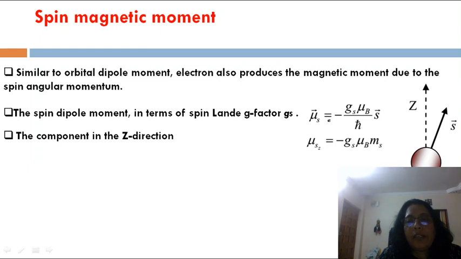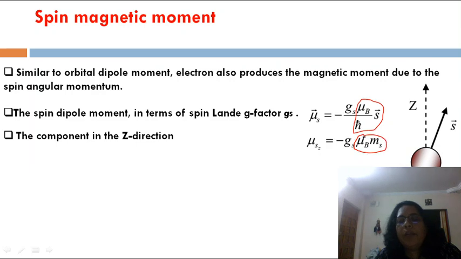That is written as mu s equal to minus g s mu B by h cross S. Earlier mu B h cross L, now mu B h cross S, and along the z direction g s mu B m s. Same thing is there, only there we considered the Landé g factor.